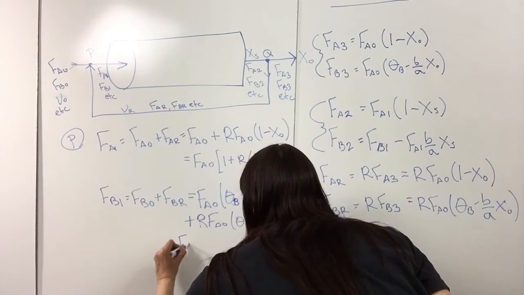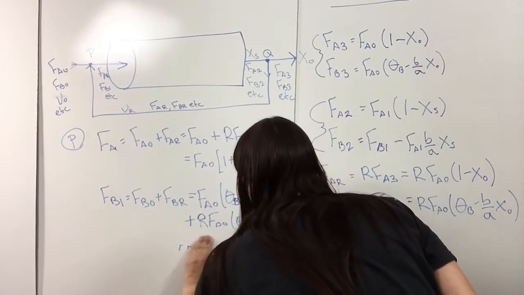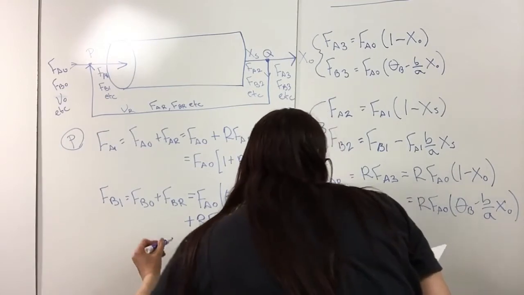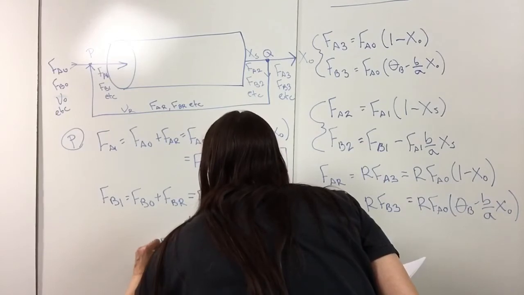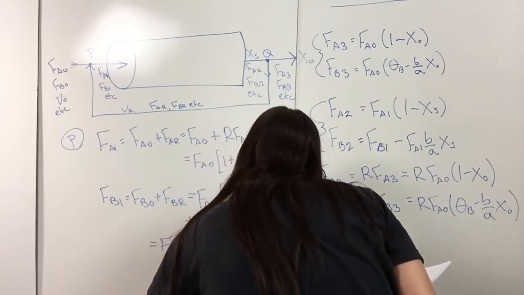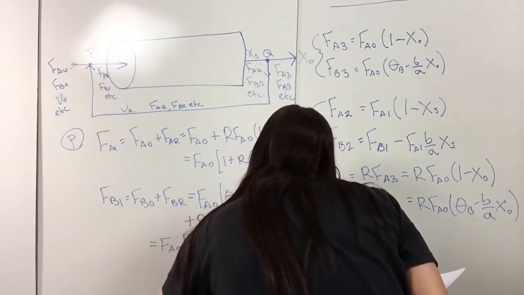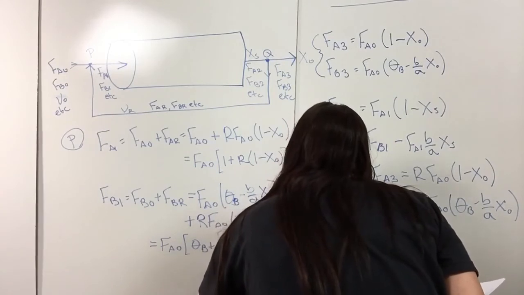And if we do that, we get FB1 is equal to FA naught multiplied by theta B plus R theta B minus B over A X naught.